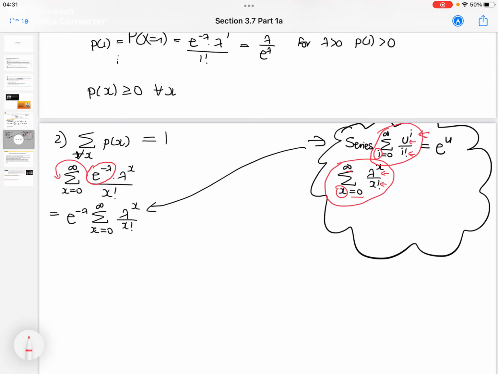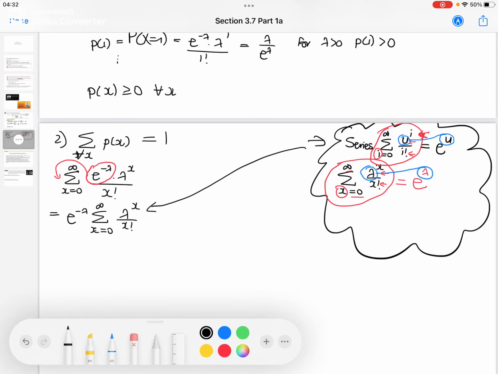So if this summation here is equal to e to the power u, then this summation here is equal to e to the power, what is it? Lambda, right? So we see that we have u there, and so it's e to the power u. We have lambda there, and then it's e to the power lambda.